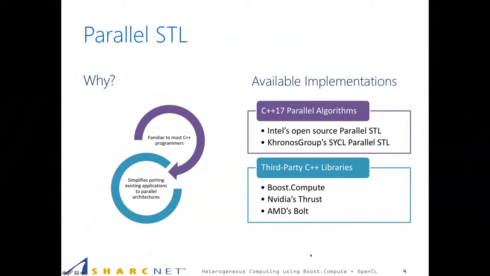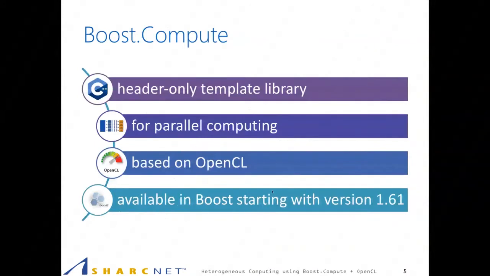But in today's seminar, my focus is on Boost.Compute. So what's Boost.Compute? Boost.Compute is a C++ header-only template library for parallel computing. It's based on OpenCL, and it's available in the Boost C++ library starting with version 1.61.